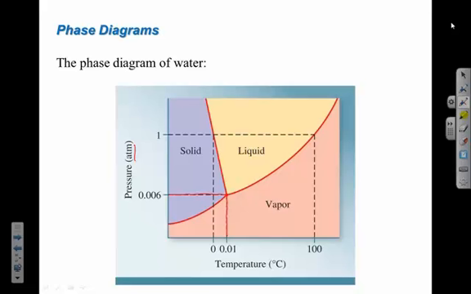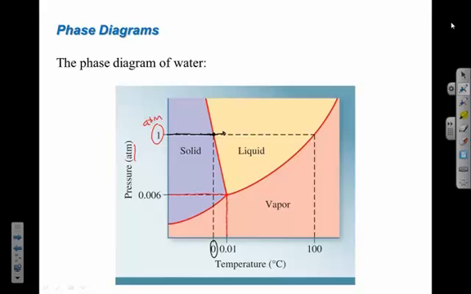We can also use the phase diagram to tell us normal boiling point and normal melting points. Normal means you're at 1 atmosphere. So if you are at 1 atmosphere and you raise the temperature up, you get a conversion from solid to liquid when you're right at 0 Celsius for water.